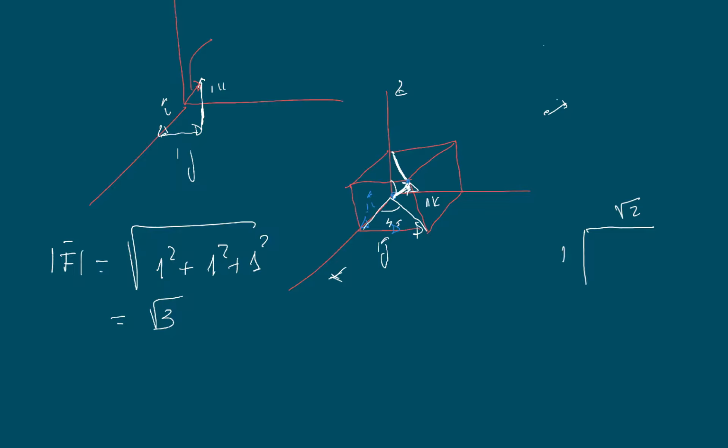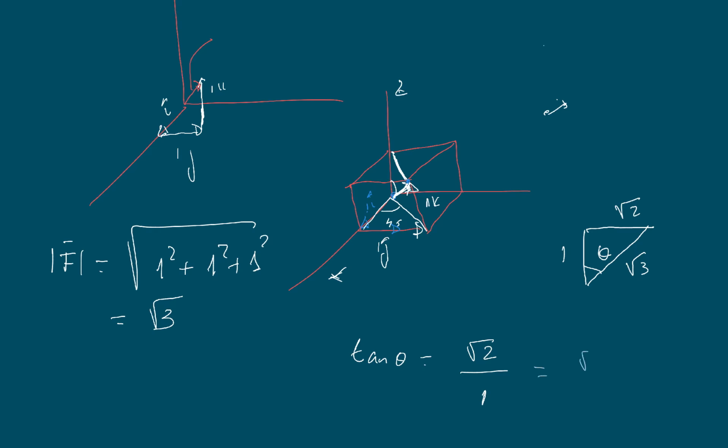And this side is the square root of 3. And this angle, the angle that we need to describe the vector field, is such that the tangent of theta is the square root of 2 divided by 1.